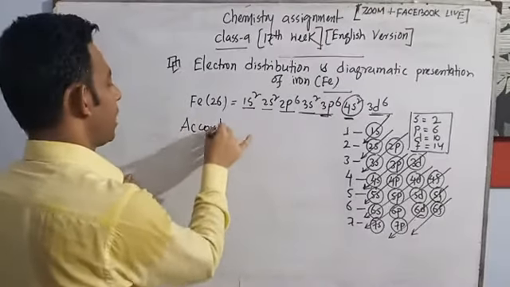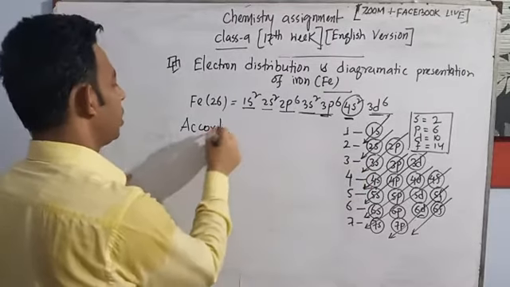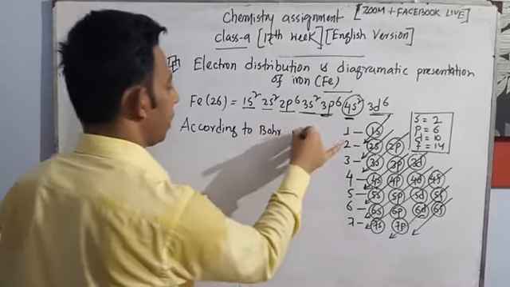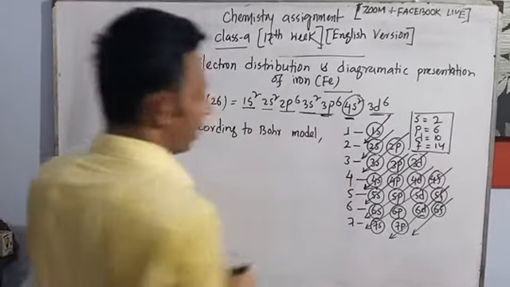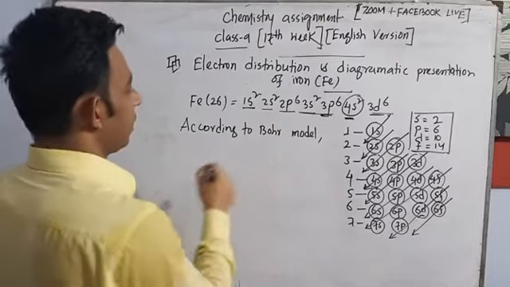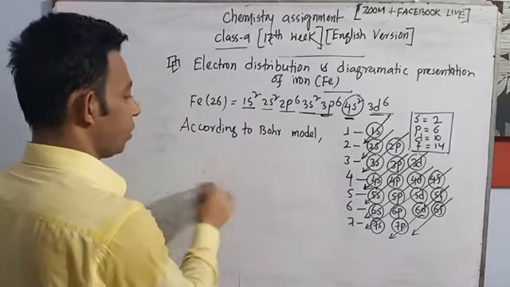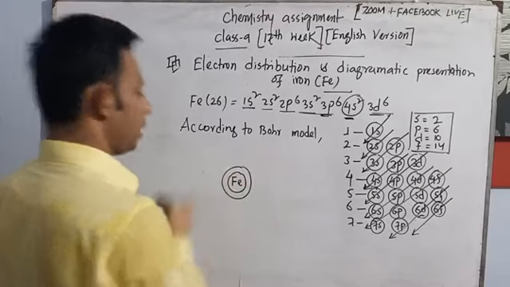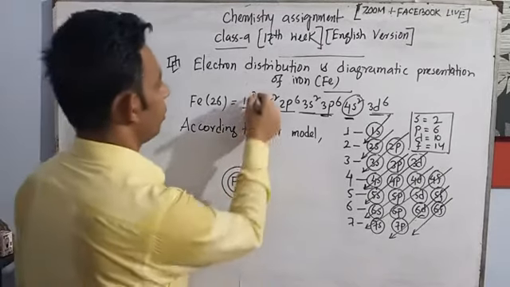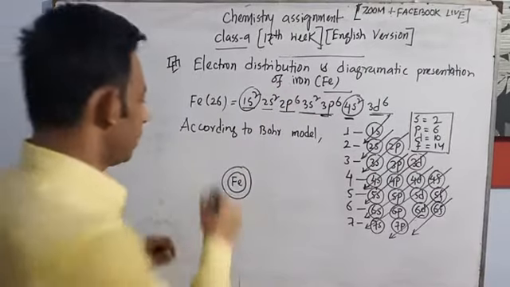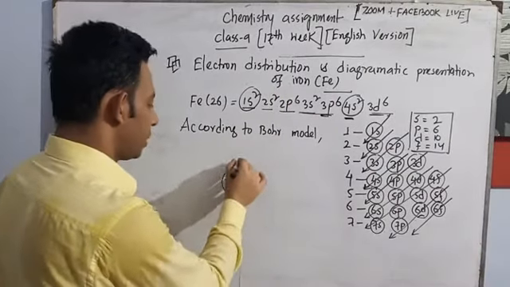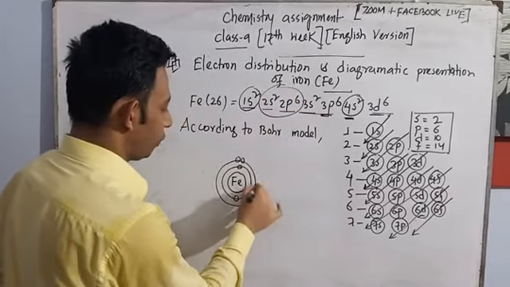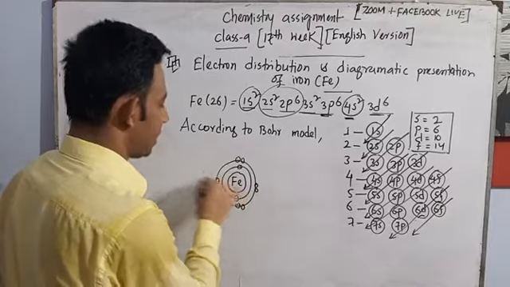After you write the distribution, you write behind it the Bohr model diagram. Look here, iron: first shell 2 electrons, second shell 8 electrons, 2, 4, 6 and 8.